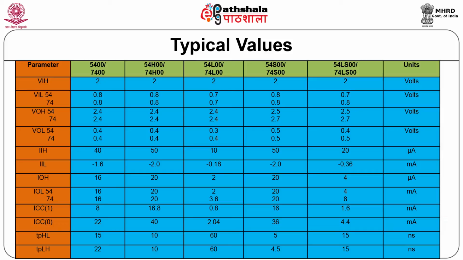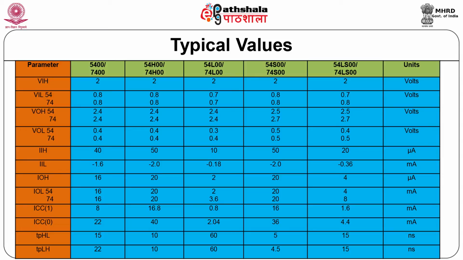If you consider the standard TTL 7400, VIH is 2 and it is 2 for all the TTL subfamilies. VIL is 0.8 for 7400 and 74H00 series. It is 0.7 for 74L series, 0.8 for 74S and 0.7 again for 74LS. Values for 54 series and 74 series are almost the same.